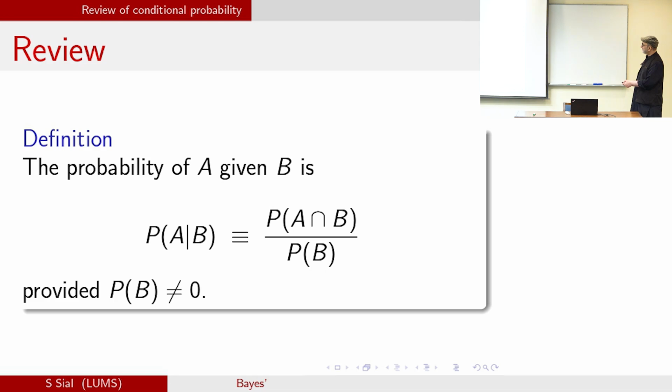So let's just review basically how we got that, okay? So we have this definition for conditional probability, right? And you can see that if I have probability of A intersection B, I can bring probability of B over here.